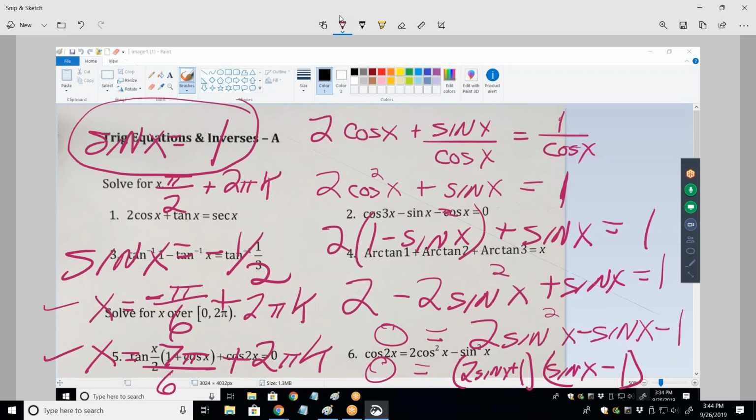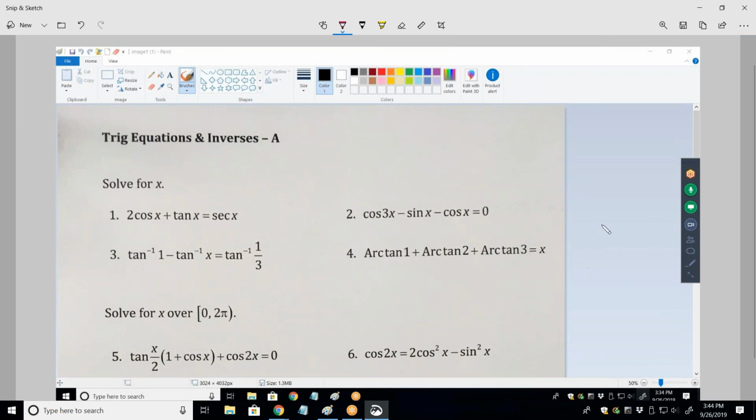Okay, so let's do the next problem here. Before I try number 2, on problems like 3, or even 4, are you allowed to use your calculator? No, sir.